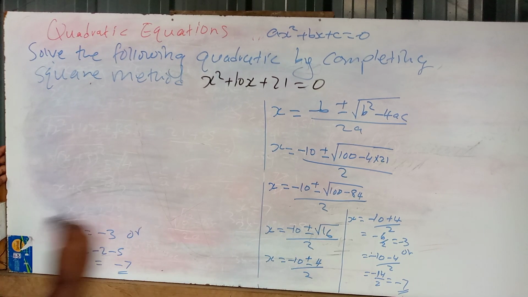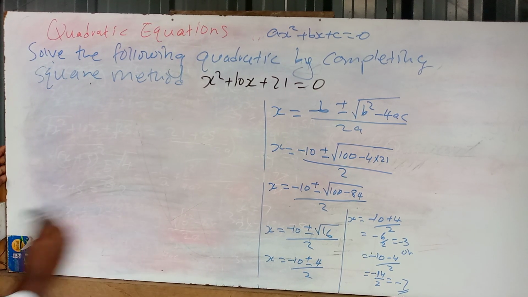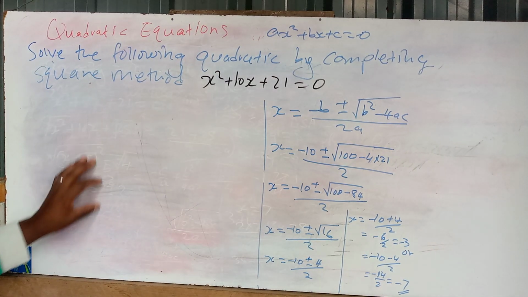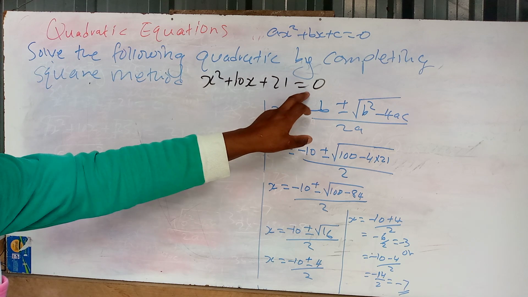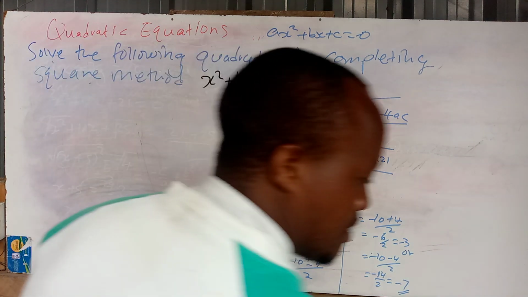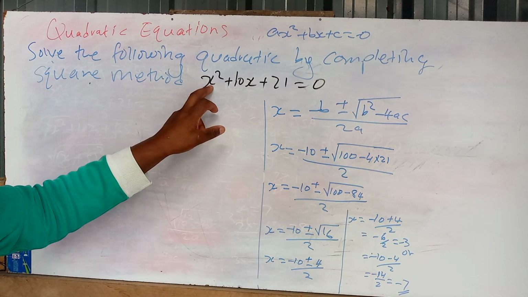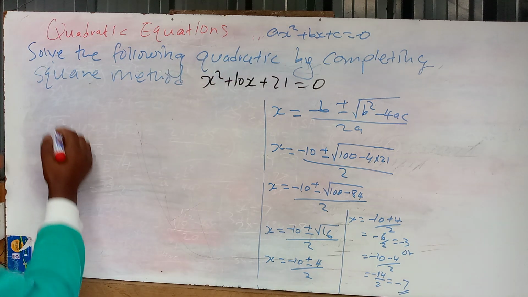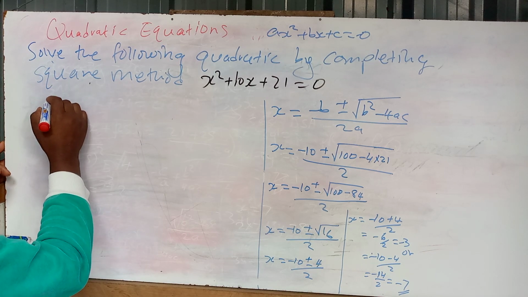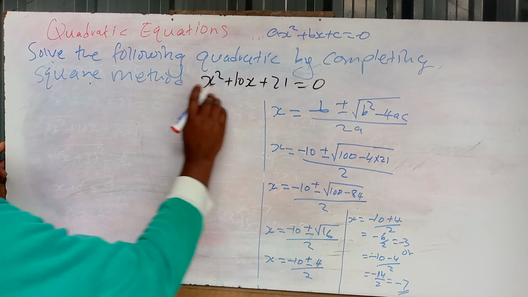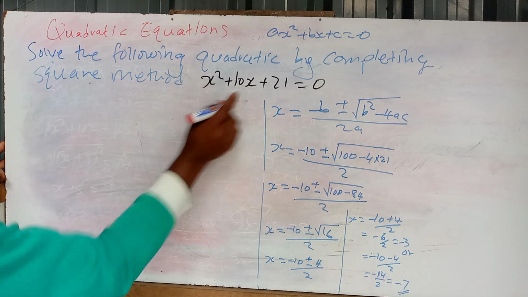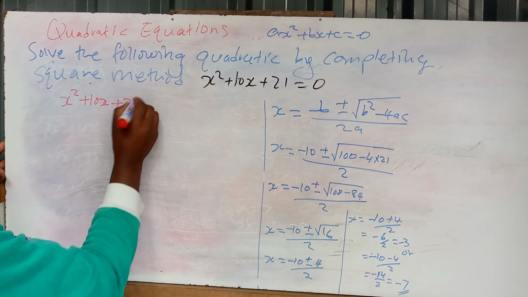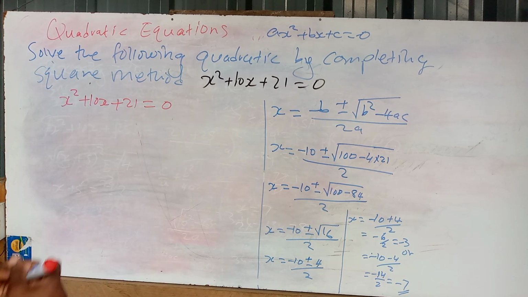Now there is still another method that we can use to solve this for x in this quadratic equation, and it is known as the factorization method. Using factorization method, we have x squared plus 10x plus 21 is equal to 0.